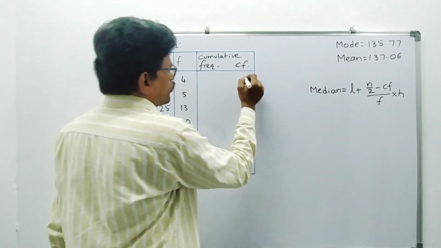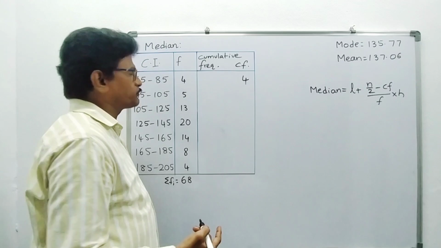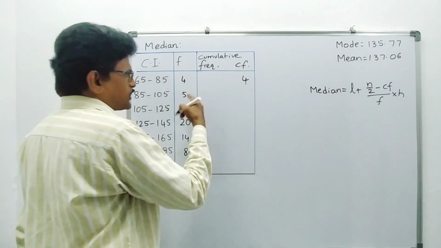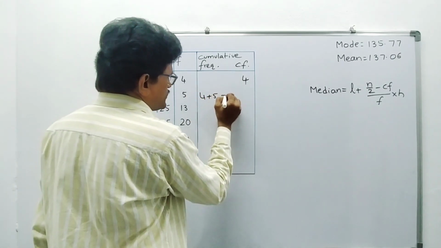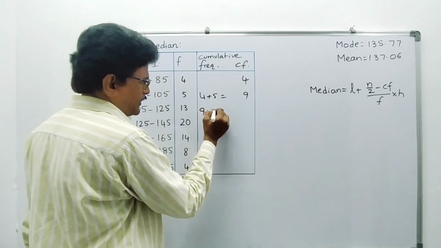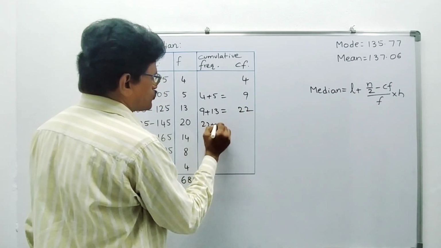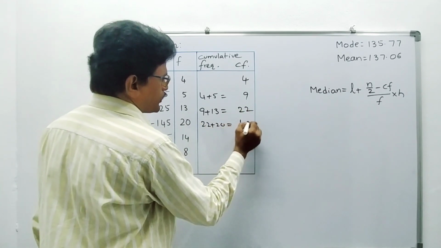So first 4 only. Okay. 65 to 85, cumulative frequency 4. Next 4 plus 5. Okay. That is 9. Next 9 plus 13, it is 22. Now 22 plus 20, that is 42.